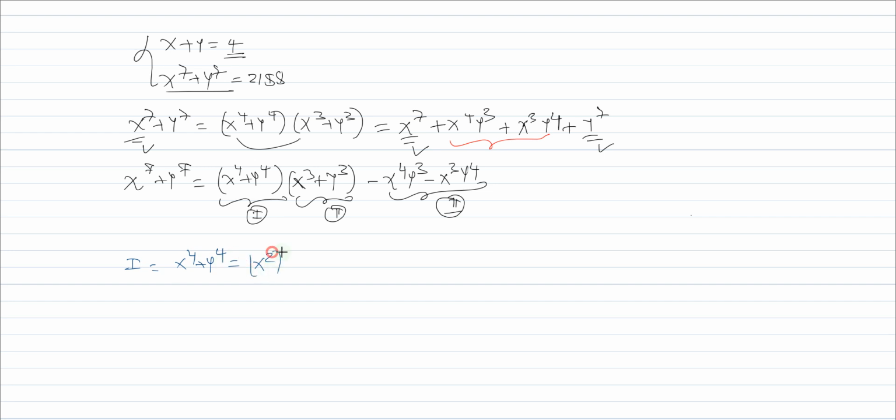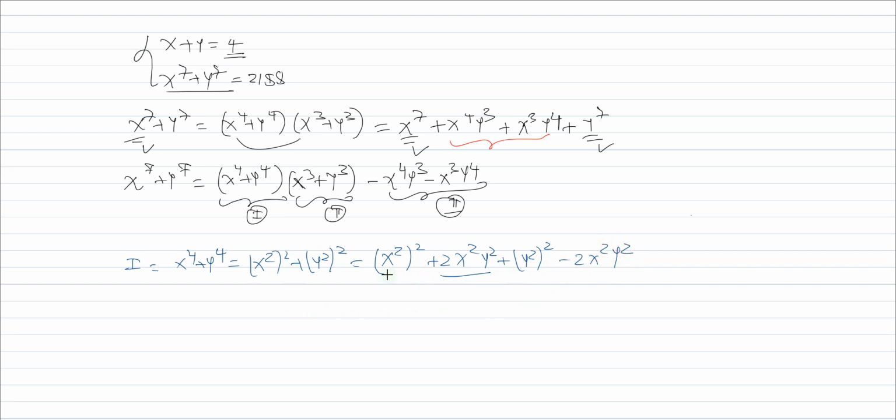We can write x to the 4 plus y to the 4 as x squared square plus y squared square. So let's complete this square, remembering we're doing this step by step. We would have x squared, all squared, plus 2 times x squared times y squared, plus y squared, all squared, and then minus the strange term, x squared y squared.